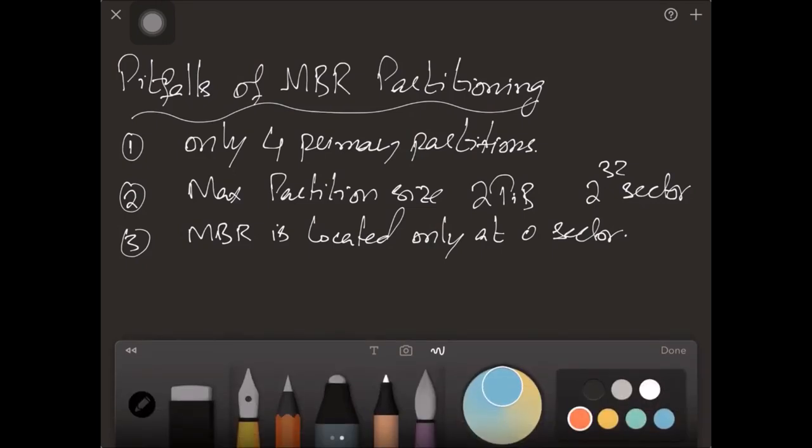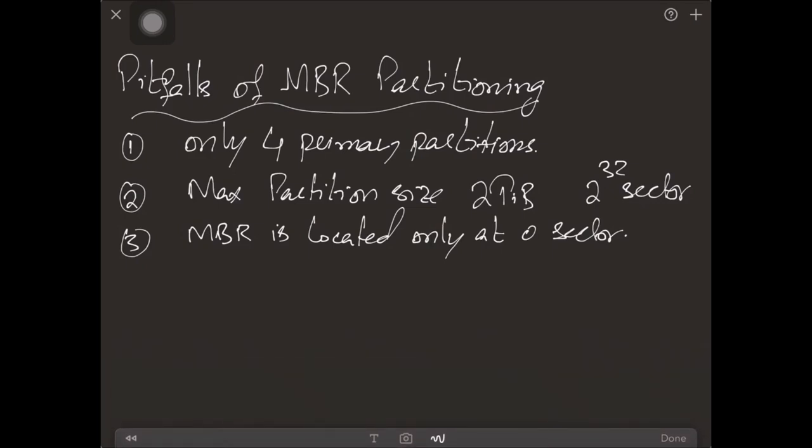Let me take this opportunity to tell you about something about the GPT. GPT is replacing MBR very quickly these days. The first advantage in GPT is that you can have 128 partitions instead of 4. There is no concept of secondary, extended or logical partition in GPT. So you have 128 primary partitions.